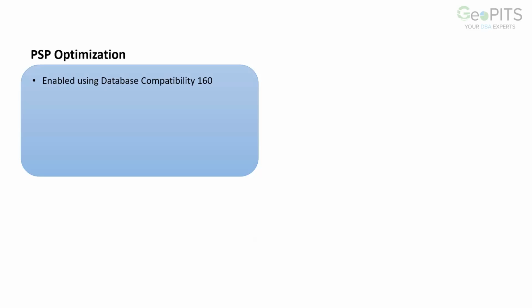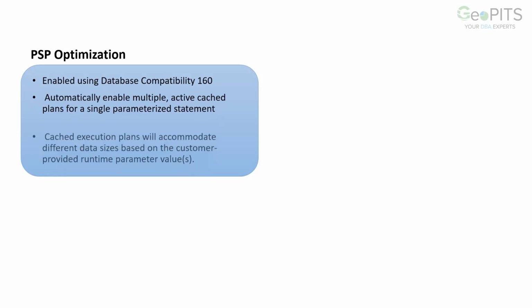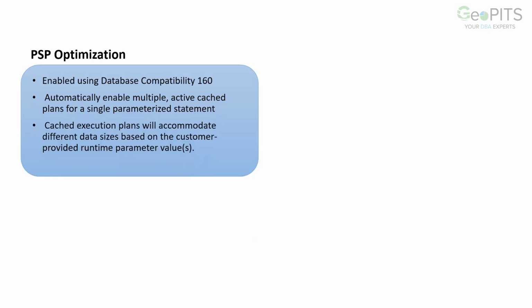PSP optimization is enabled using database compatibility level 160. It will automatically enable multiple active cached plans for a parameterized statement. The cached execution plans will accommodate the different sizes of the runtime parameter values provided by the customer. We can briefly look at both parameter values in the later part.